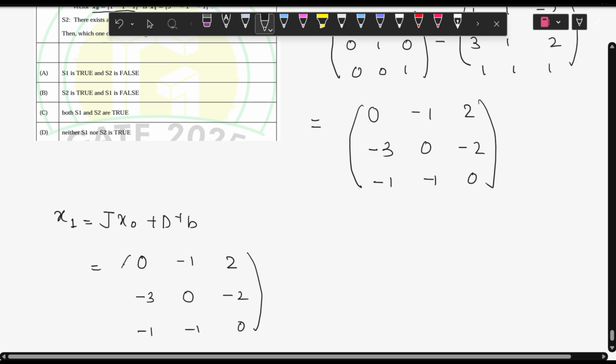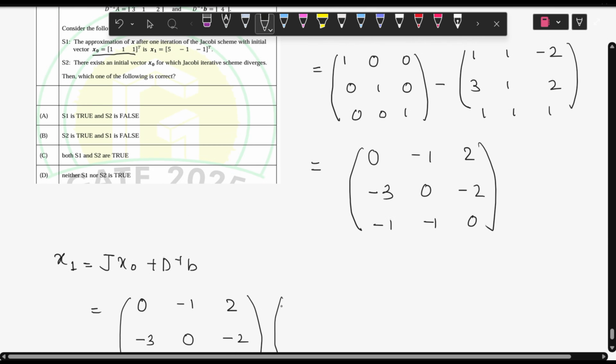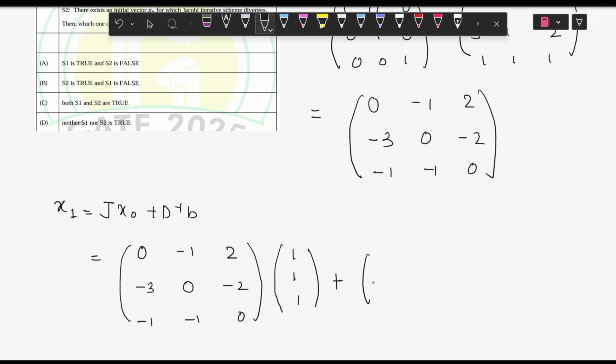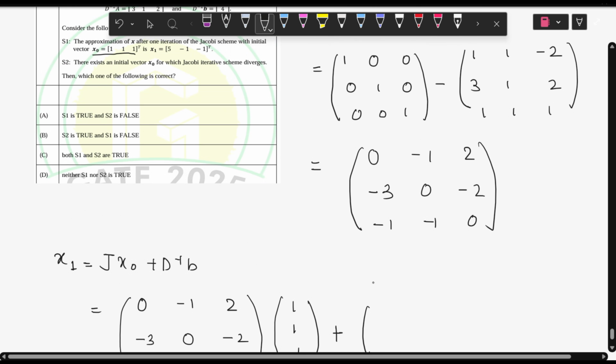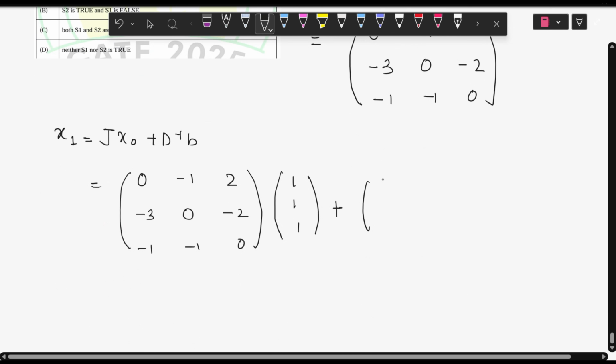That is J. x0 is 1 1 1, and D inverse b is 4 4 1.